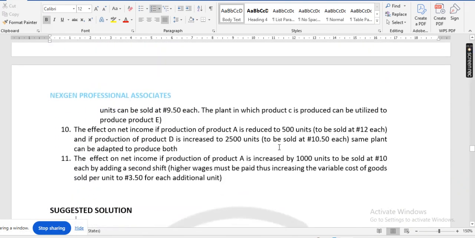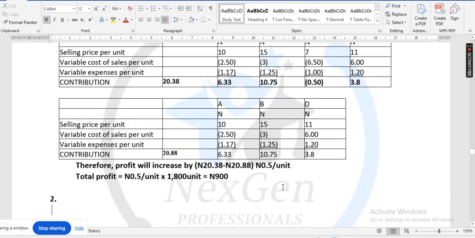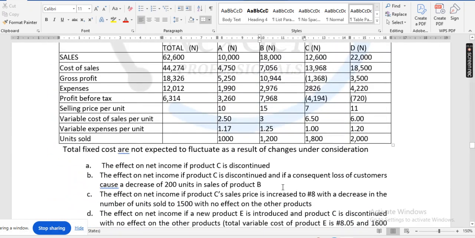So it is very simple. What you need to do is that we've already done product B, right? What we need to do here is there are two ways you can do it. Okay, there are two ways you can actually do this. Let me quickly check this part.